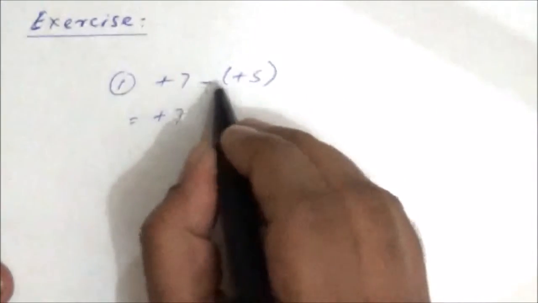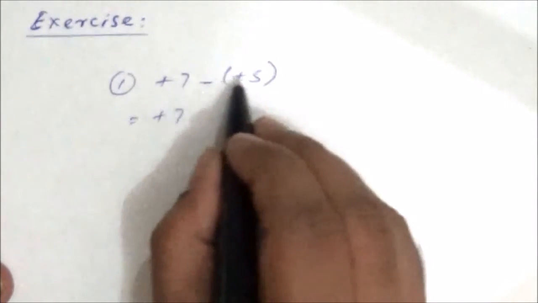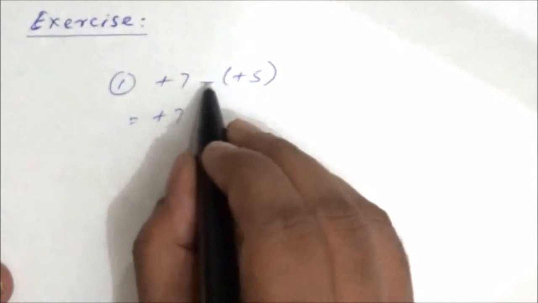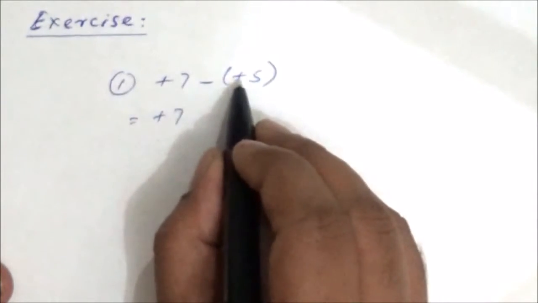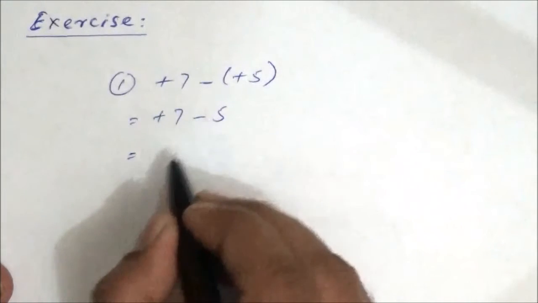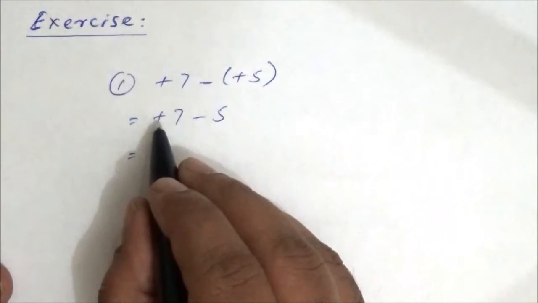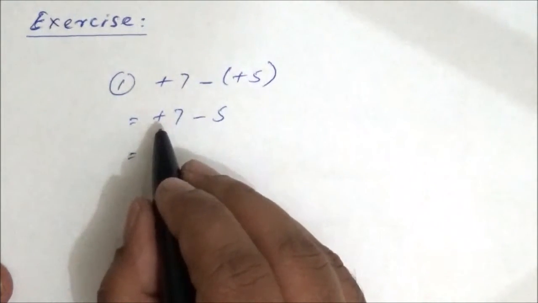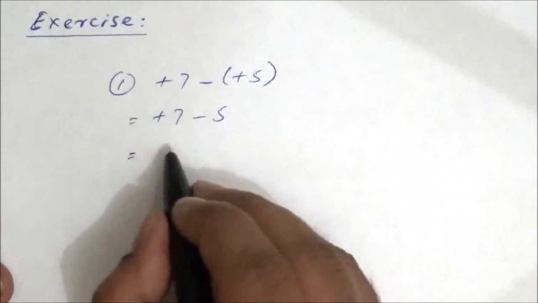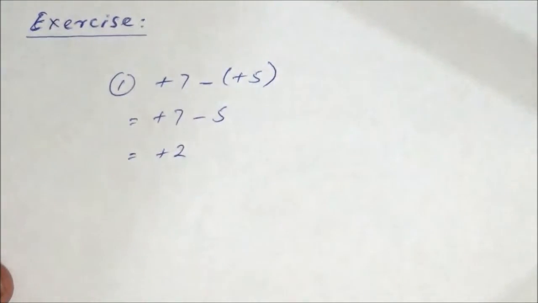Plus and minus mean two different directed numbers, two different signs, so that should be minus 5. Then plus 7 with minus 5 means you have to take the difference, because the directed numbers have different signs. So that means plus 2.